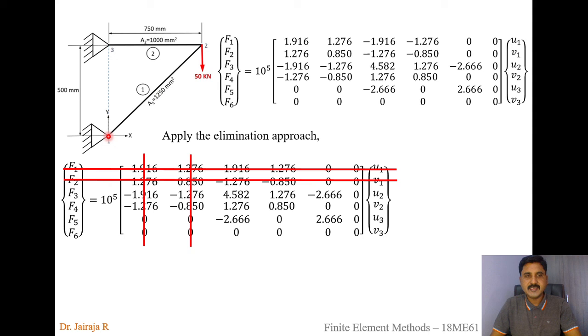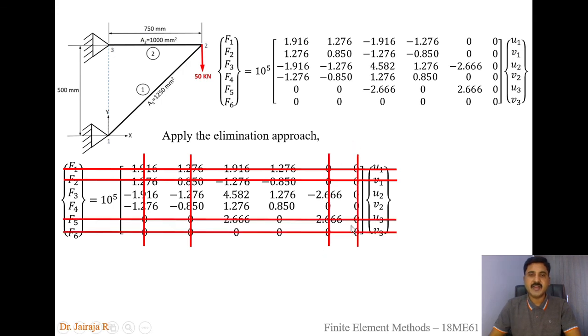Node 3 is also fully fixed, which means the fifth row and sixth row can be eliminated. Similarly, the fifth column and sixth column can be eliminated because node 3 is fixed.